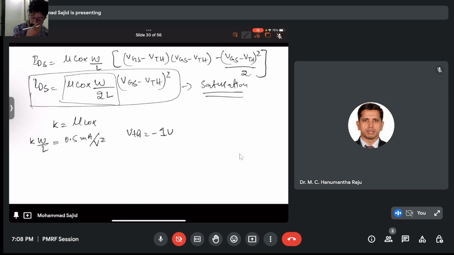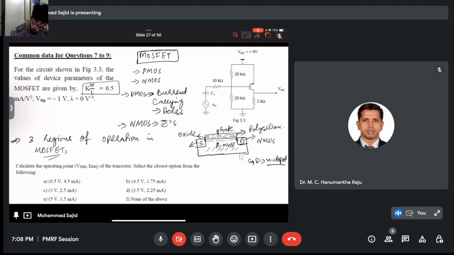Since it's a PMOS, your threshold voltage will be negative. These two values are given to us, so what we have to calculate is the operating point. This is your source, this is your drain, so we have to calculate VSD, call it a quiescent point, and we have to calculate ISDQ.